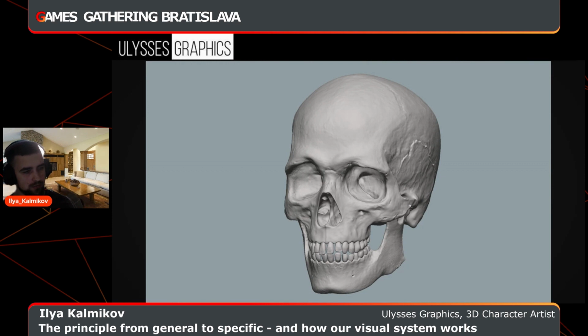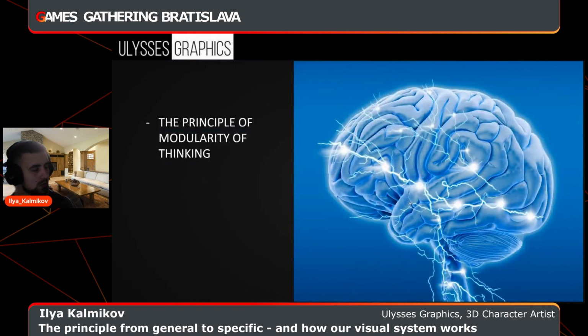Okay, so let's go. Let's turn on our brain. But before the analysis of the skull, I want to tell you a little bit about the principle of modularity of thinking. That's very important for our topic today.